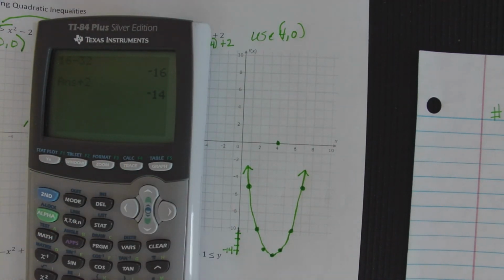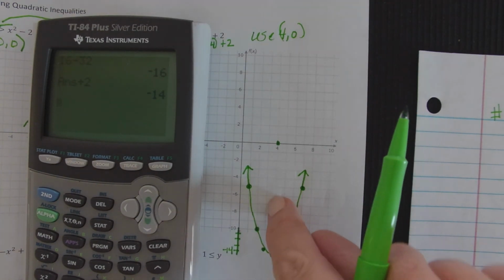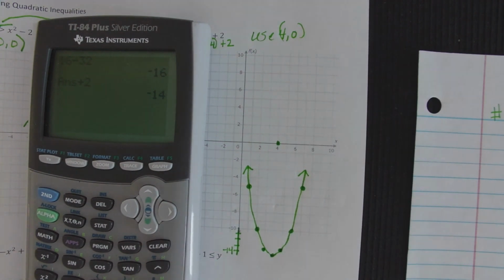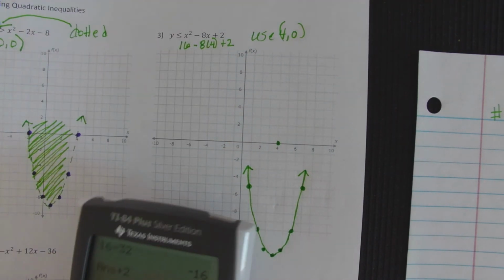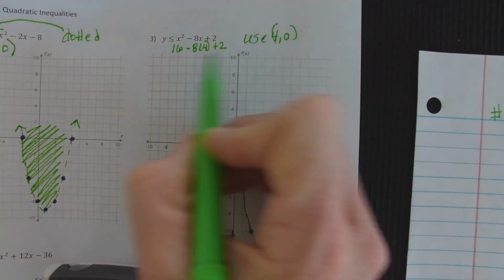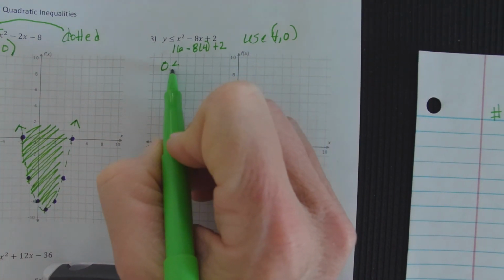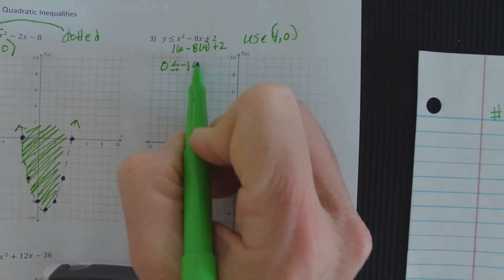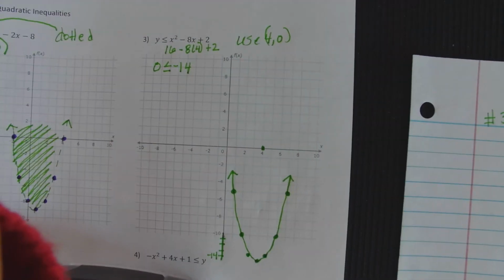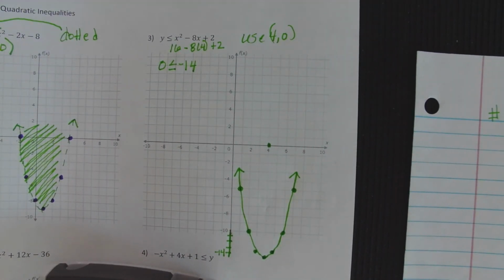You did not have to use my point. You could have used something inside here. You could have used 4 or negative 6. Okay? So my y is 0. 0 less than or equal to negative 14. True or false? False.